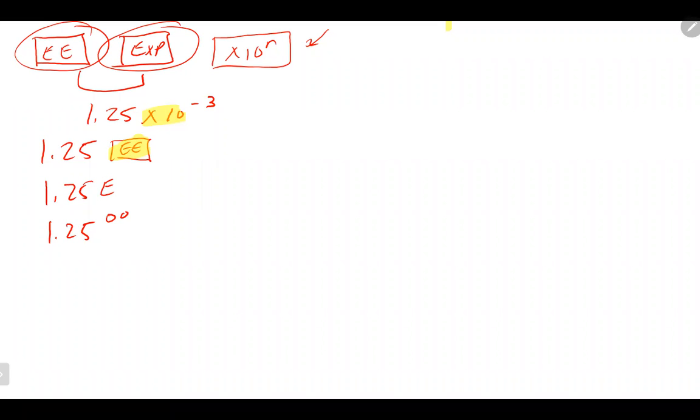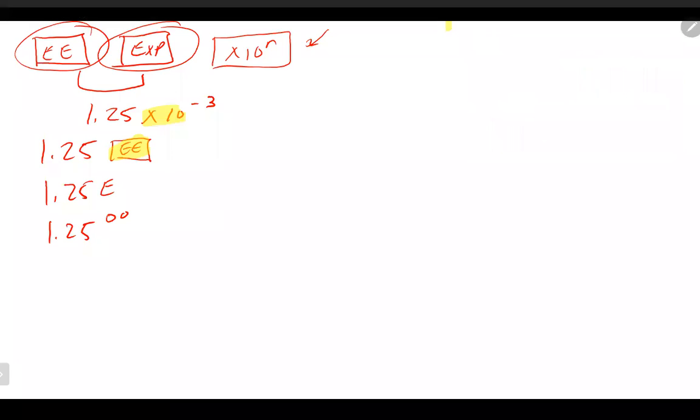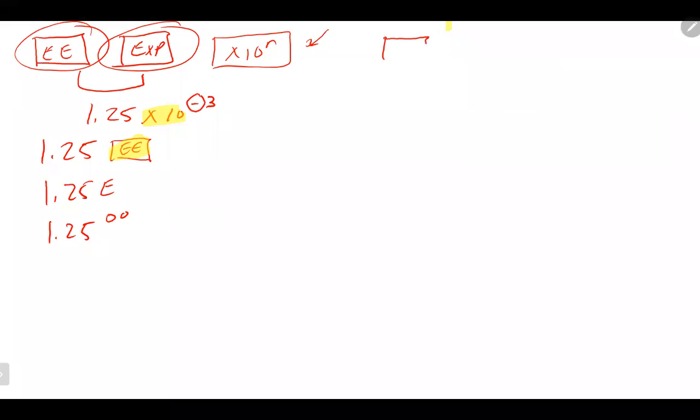So what would be left at that point to put in there would be our negative. Now, most calculators actually have a negative button. It looks like this. It is not the subtract button. So you would hit your negative button because it's a negative exponent. That will put a negative there.